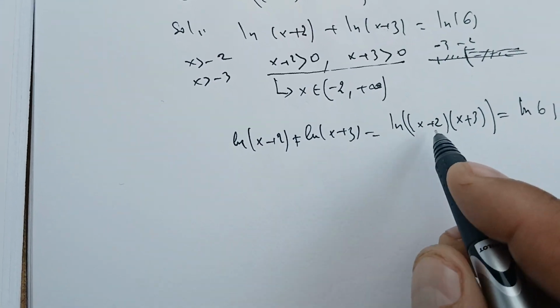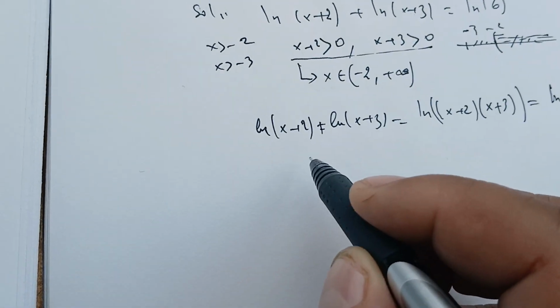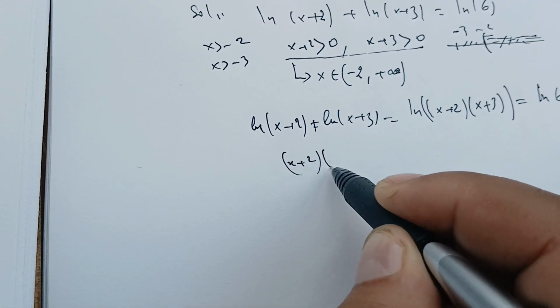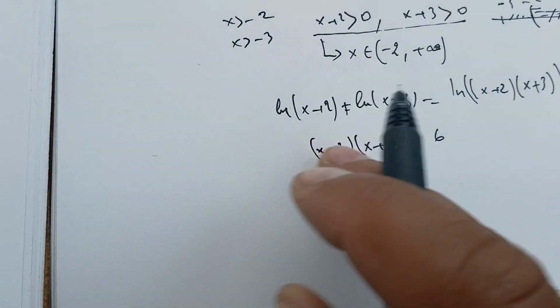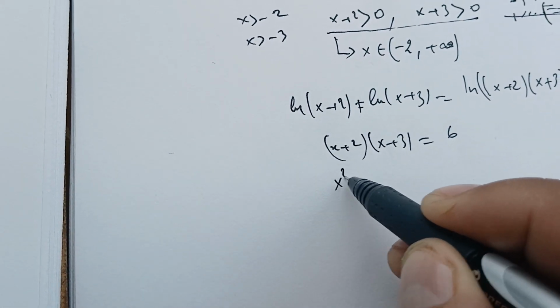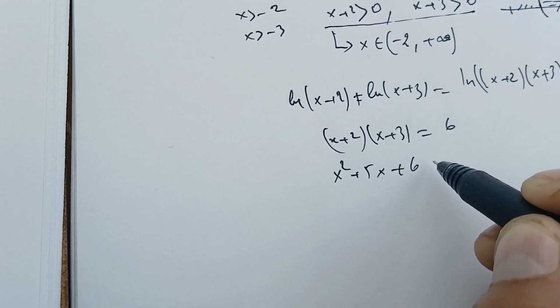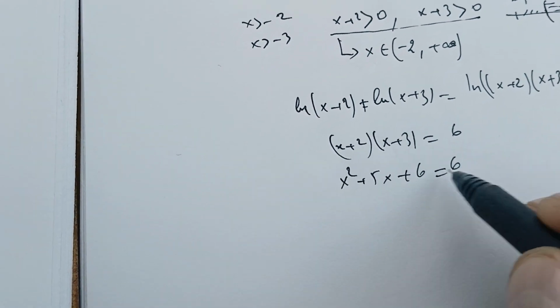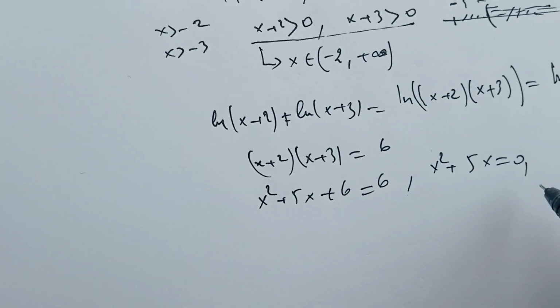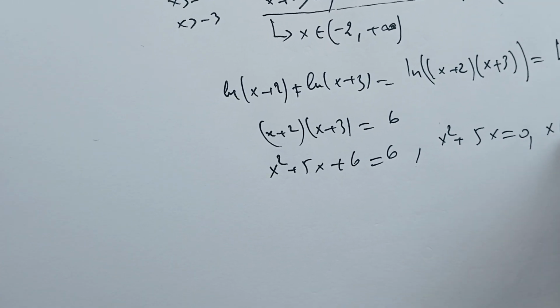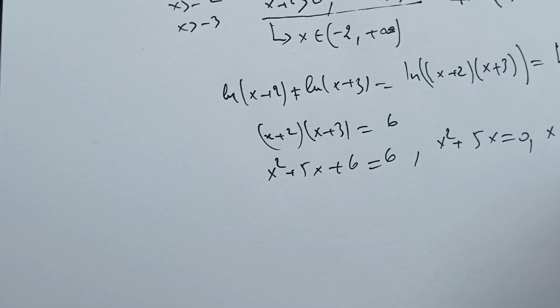Now we can take the exponential to get (x plus 2) times (x plus 3) is 6. Expanding, we get x squared plus 5x plus 6 equals 6. Adding minus 6 to both sides, we get x squared plus 5x equals 0. Factoring, x times (x plus 5) equals 0.